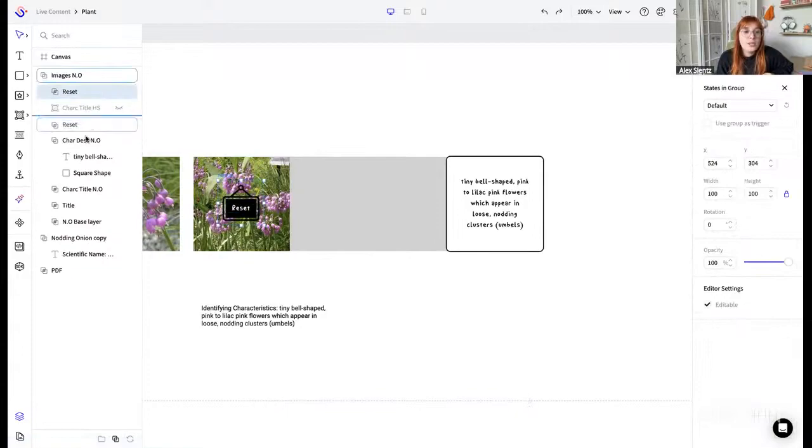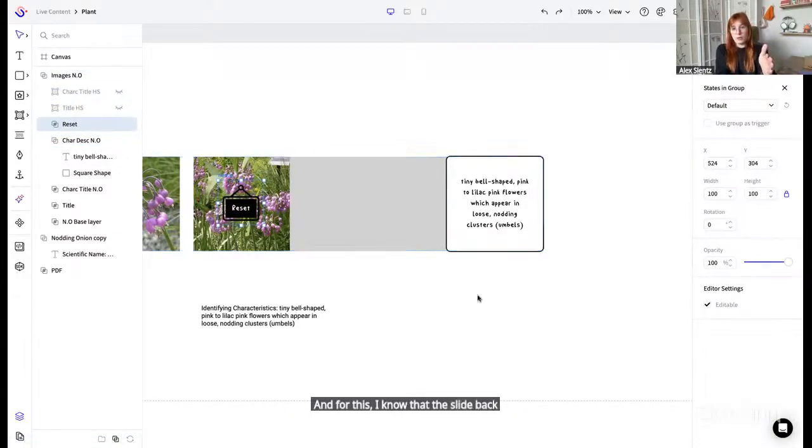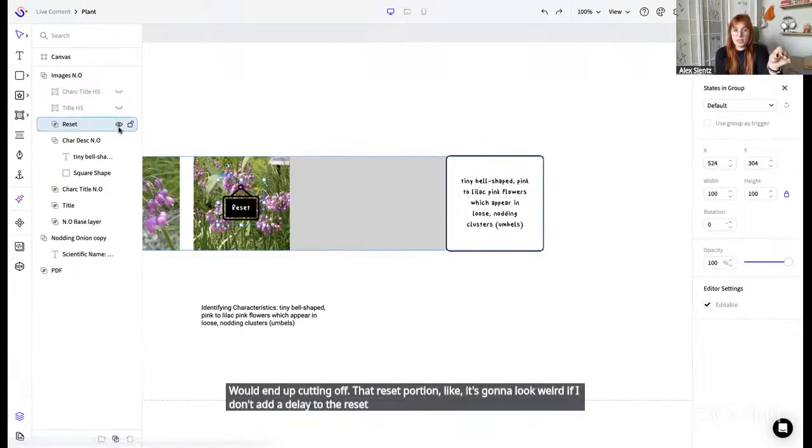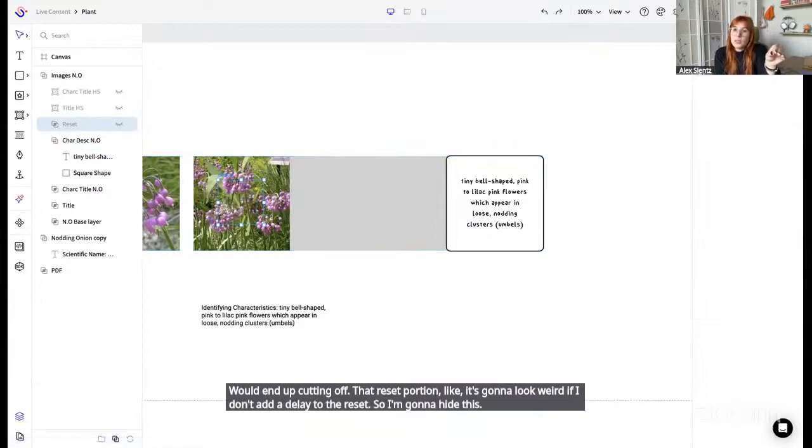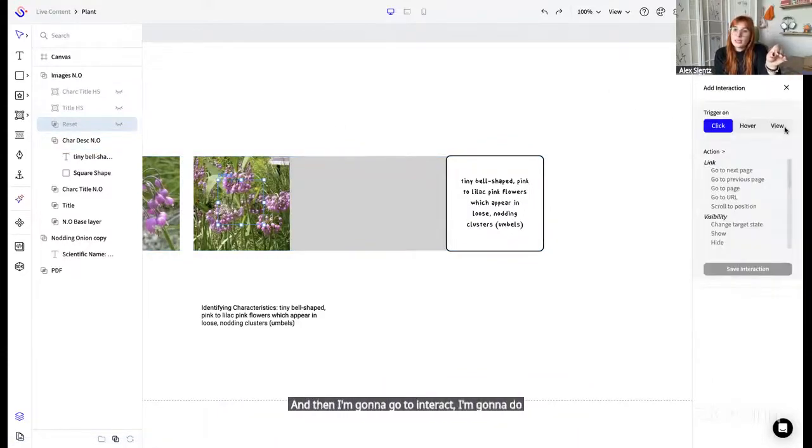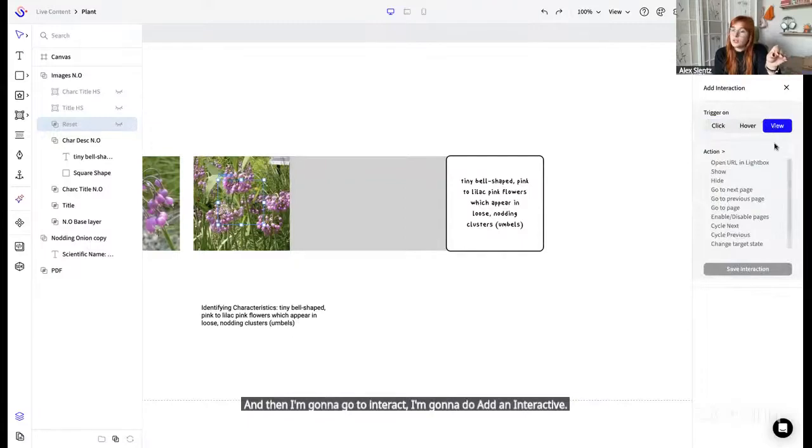And for this, I know that the slide back for this gray bar would end up cutting off that reset portion. It's going to look weird if I don't add a delay to the reset. So I'm going to hide this. And then I'm going to go to interact. I'm going to add an interaction.